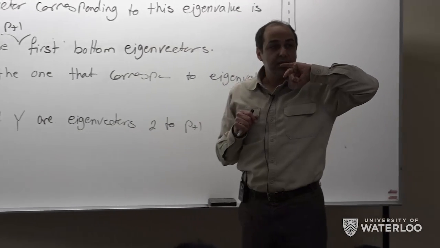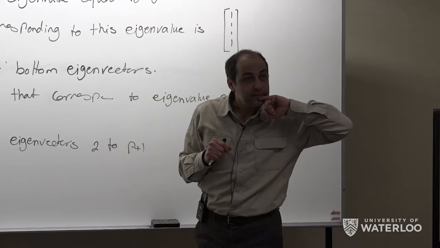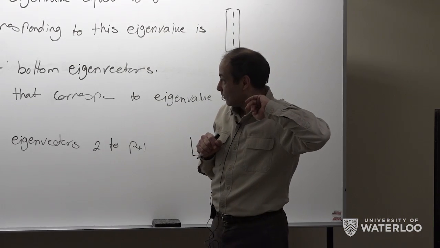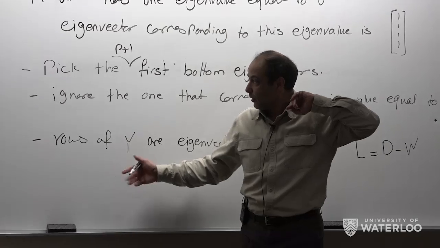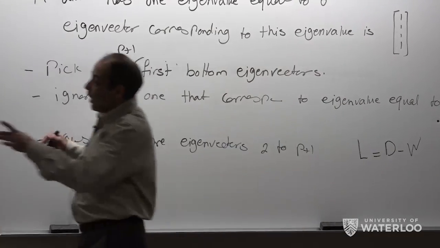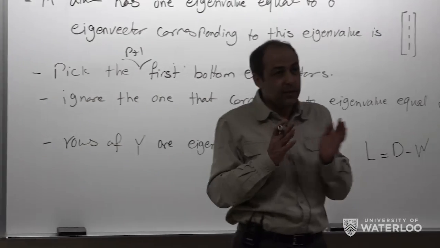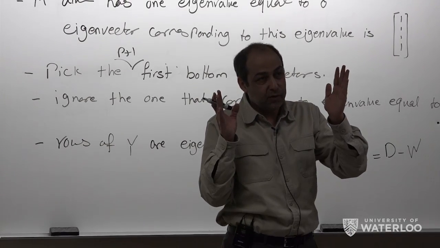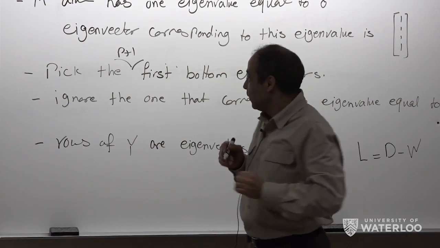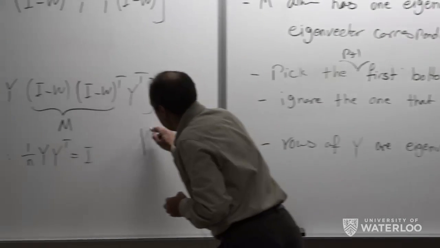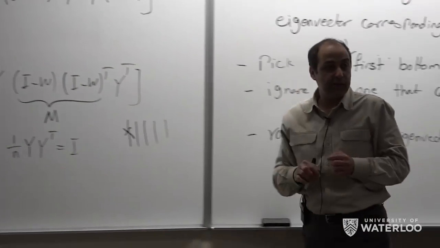Okay, any other question? Yes. You know, M is an n by n matrix. You decompose it. You see n eigenvectors. You ignore the first eigenvector because you see that it's constant.